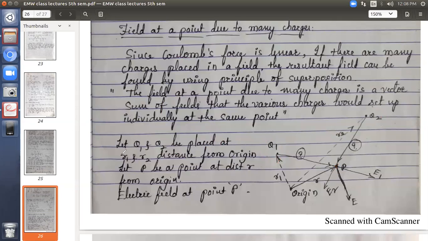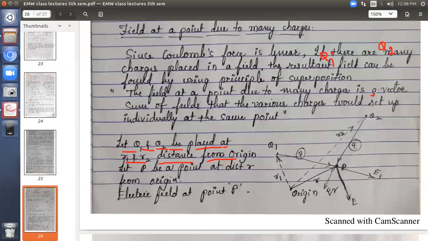In order to construct this figure, there are two charges Q1 and Q2 placed at distances of R1 and R2 from the origin. You have a charge Q1 and one more charge Q2, at distances R1 and R2 from the origin.